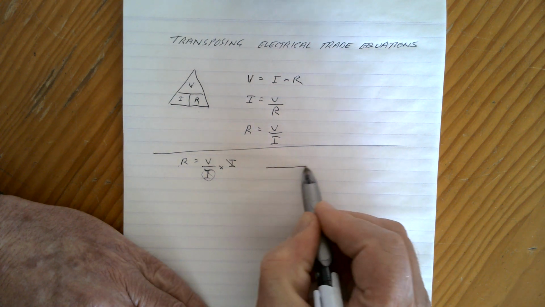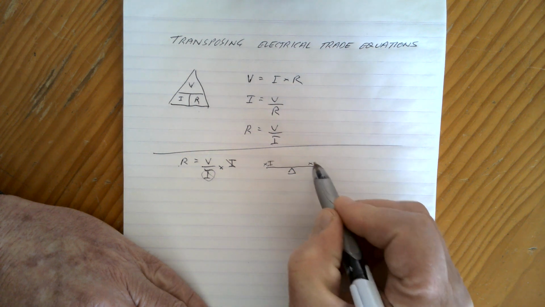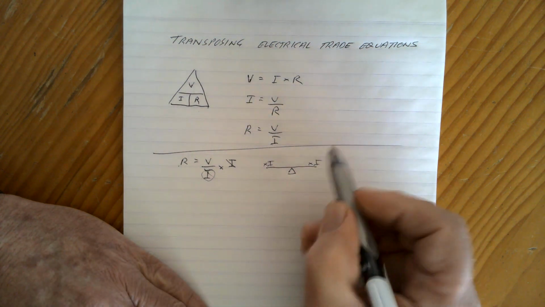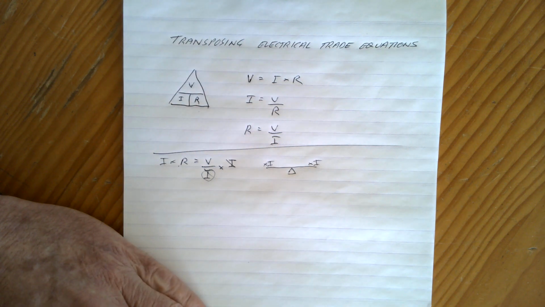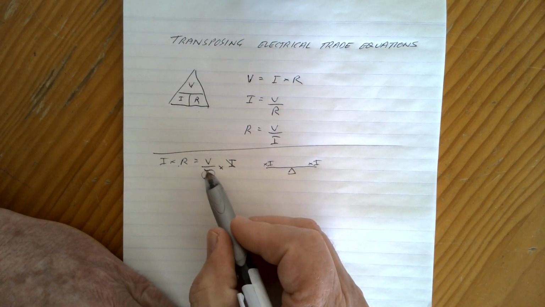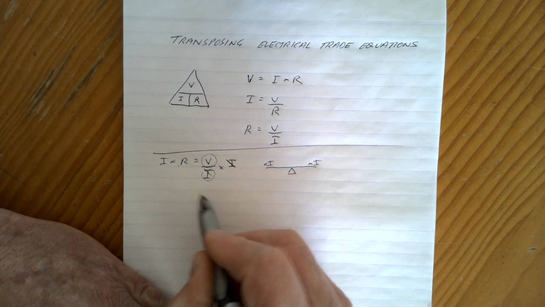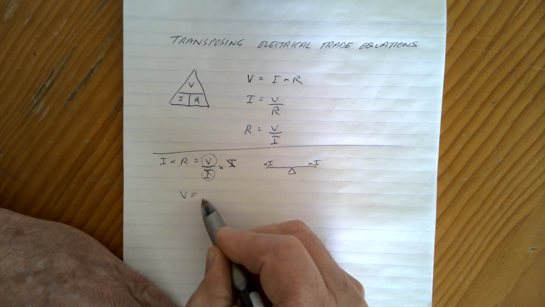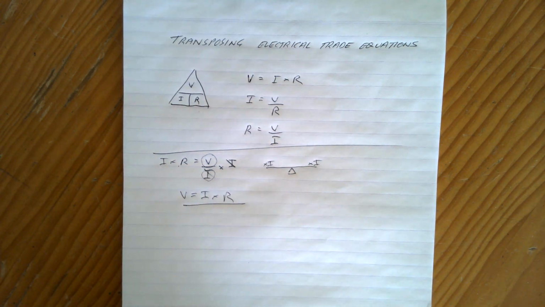But because we've multiplied one side by I, the other side of the equation must also be multiplied by I. So this side becomes R multiplied by I, and these two I's cancel out, and you're left with the subject of the equation: voltage equals current times resistance.